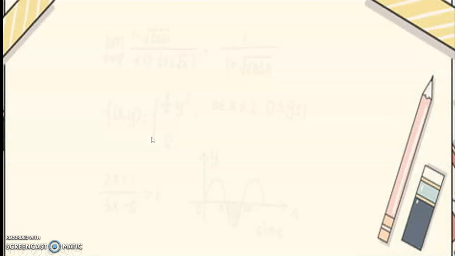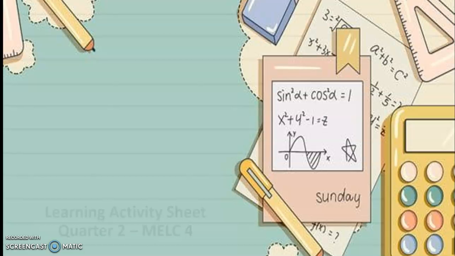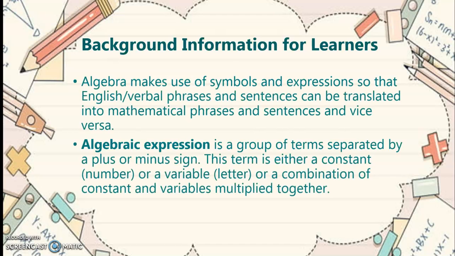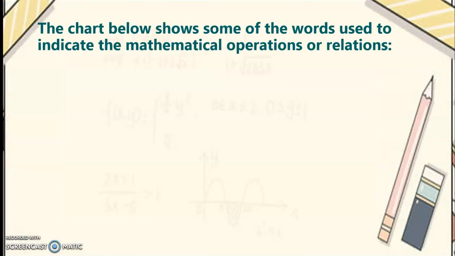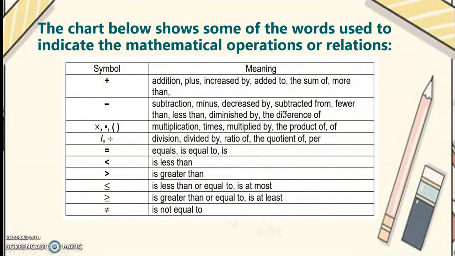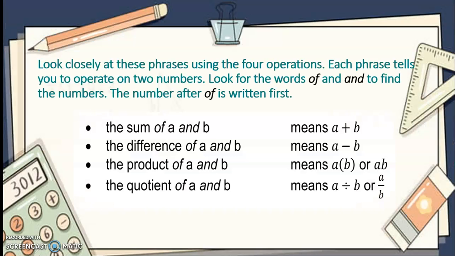Based on the symbols I have given you a while ago, sum is the plus symbol, so it is addition. That is why A plus B.